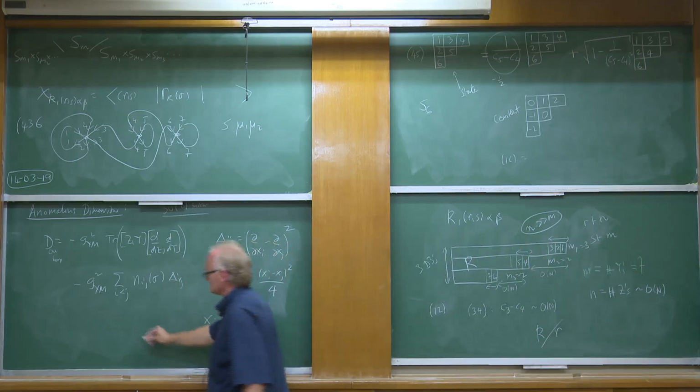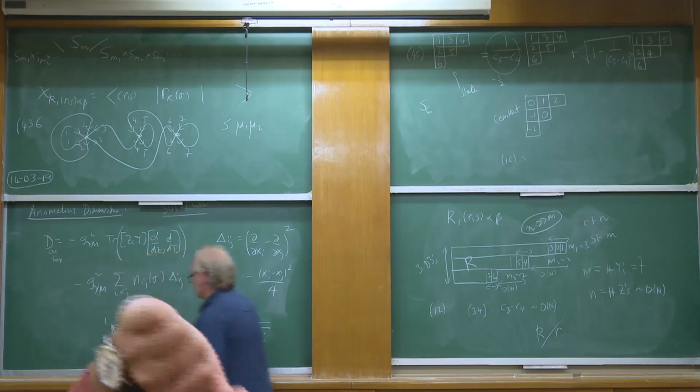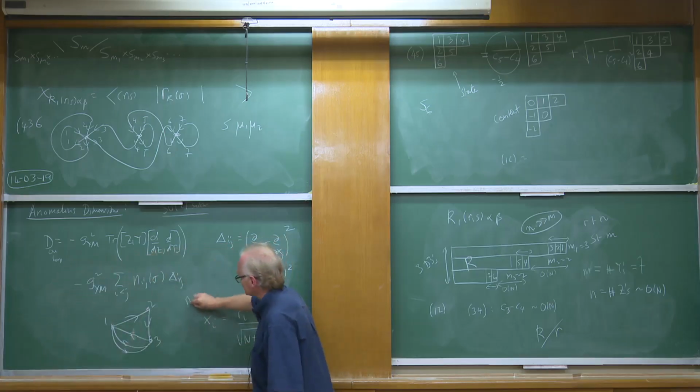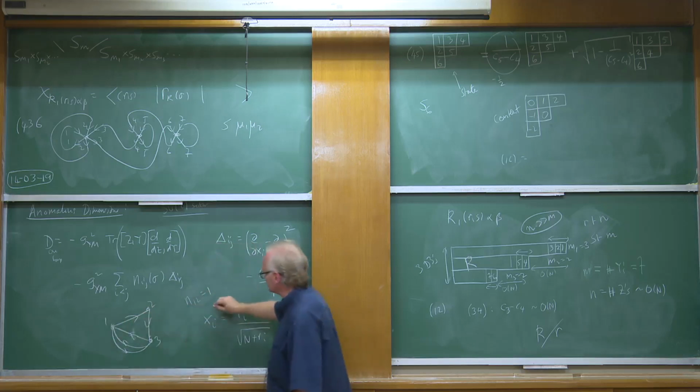What is N_ij? If you take some graph, and we put maybe a directed graph that looks like this, we'll call that 1, 2, 3. Then for this problem, N_12 would be 1, there's just one edge going between the two.